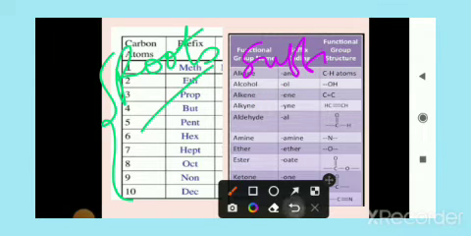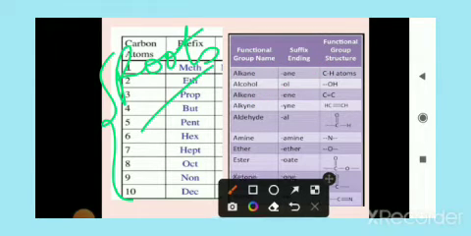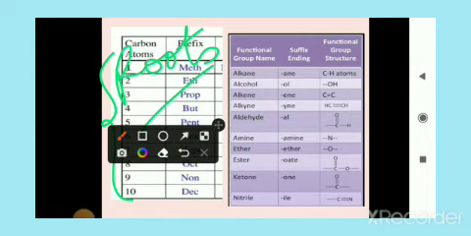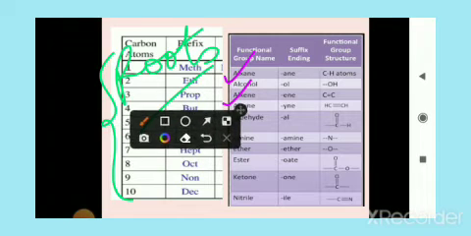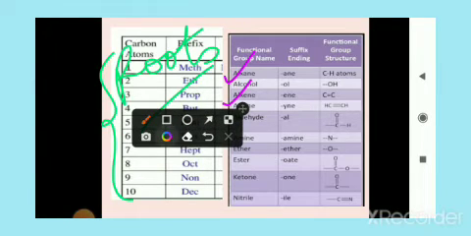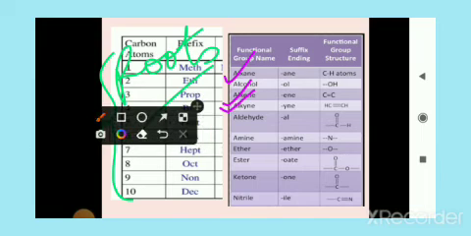Now here we can see that there are alkane, alcohol, alkyne, alkene. Among these, alkane, alkene and alkyne are the basic suffixes.